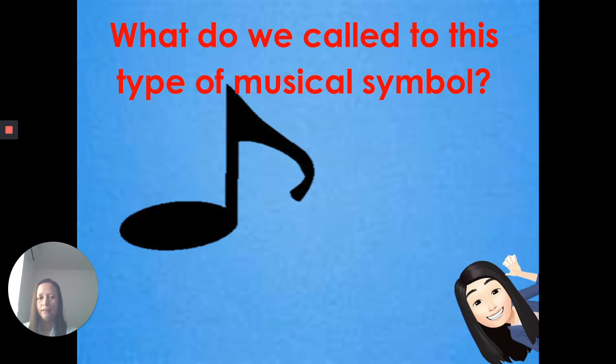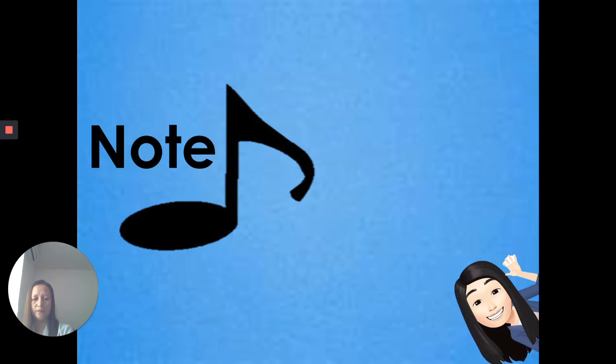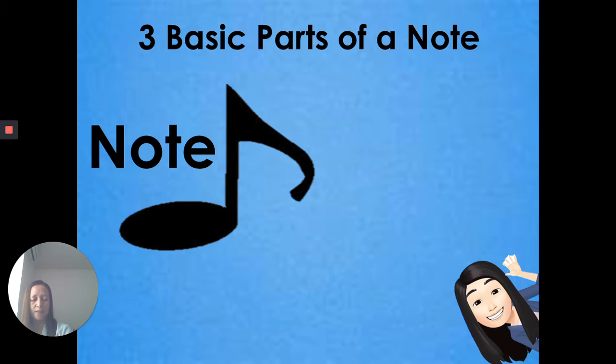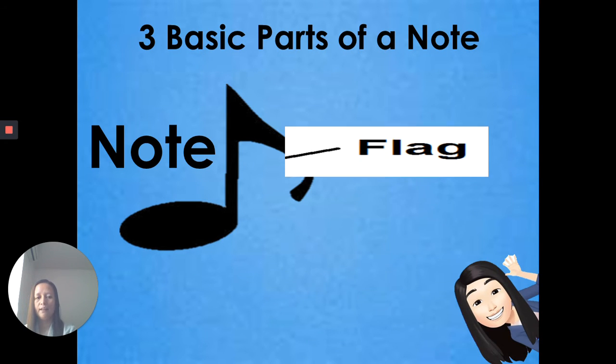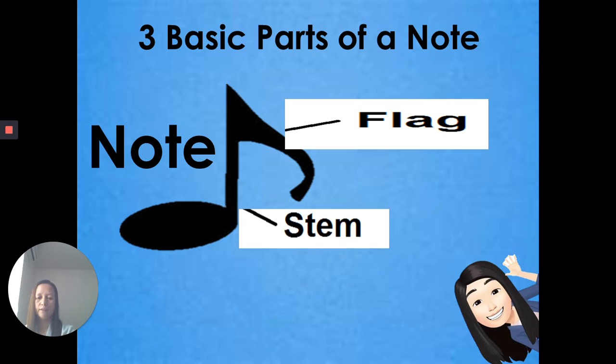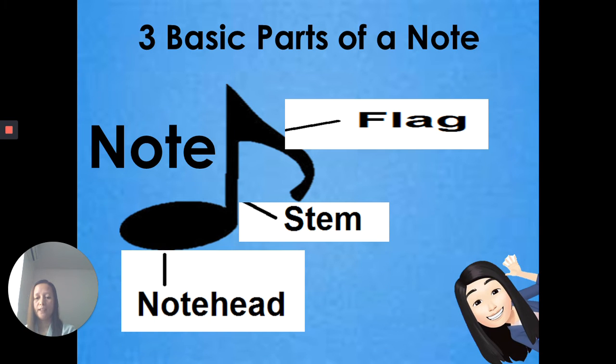Okay. This is called a note. Do you know that a note has three basic parts? The flag, the stem, and the note head.